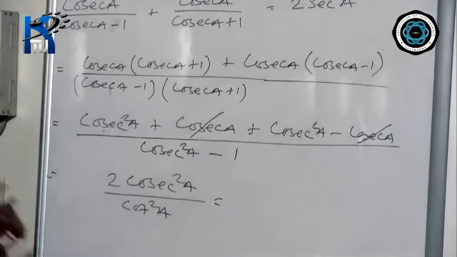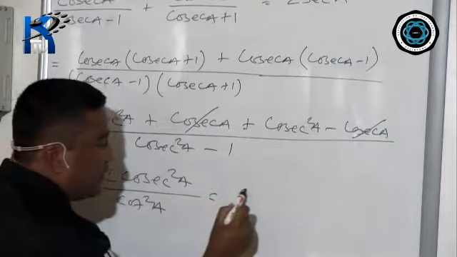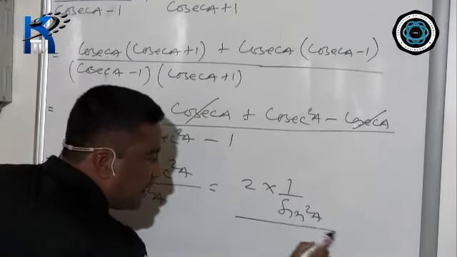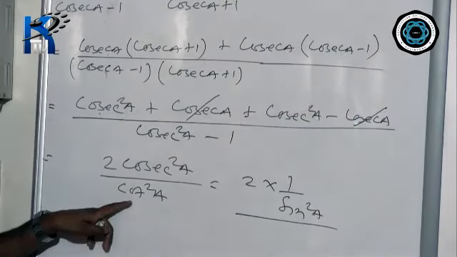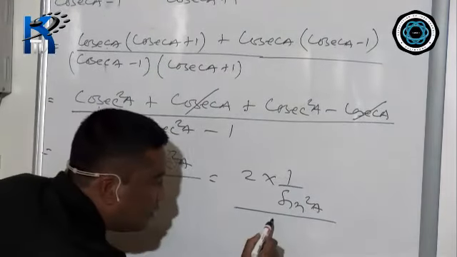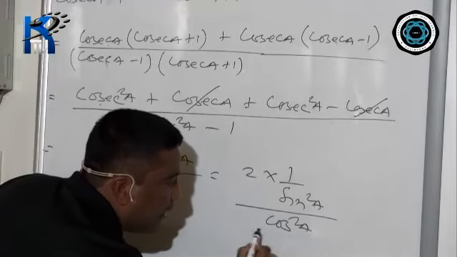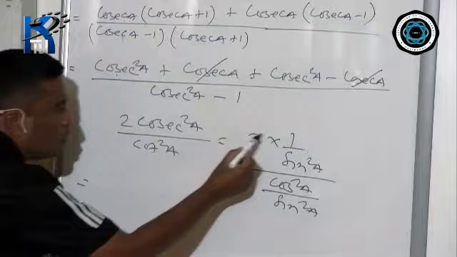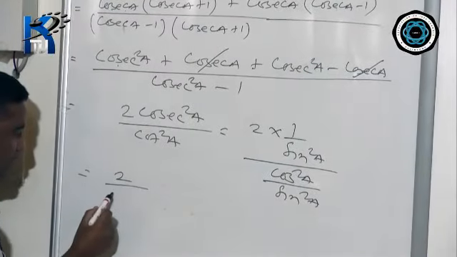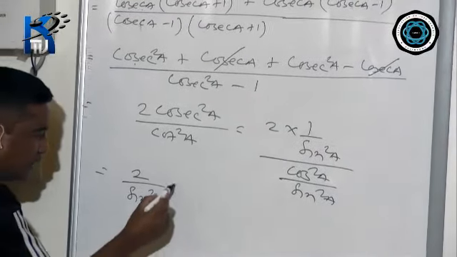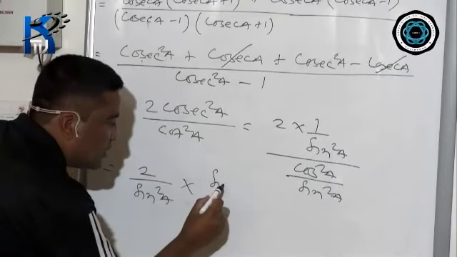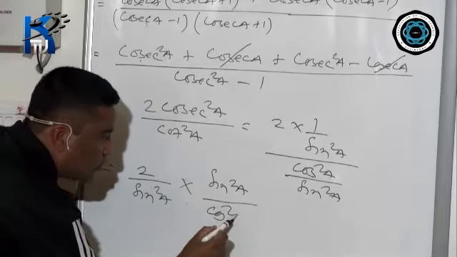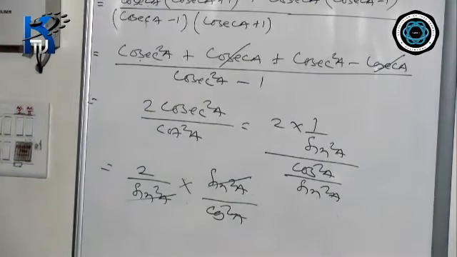Okay, again 2 cosec square A means you can write 2 into 1 by sine square A divided by, again cot square A means I have given the formula which is cos square A divided by sine square A. Now 2 ones are 2 divided by sine square A into, this is called reciprocal, divided by cos square A. This and this cancel.